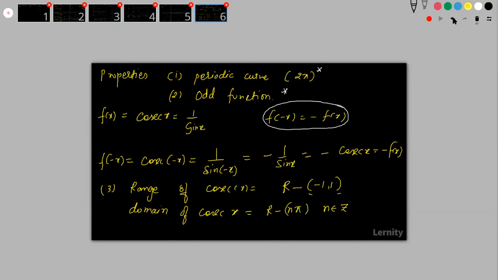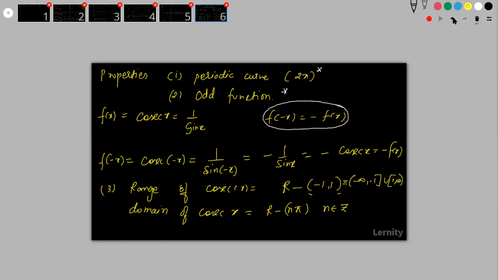So just copy these properties first. This thing you can also write as minus infinity to minus 1 union 1 to infinity. I think in books they have given it like this.